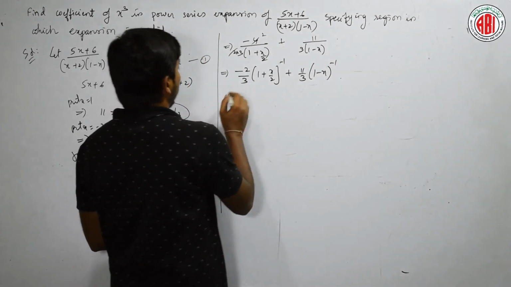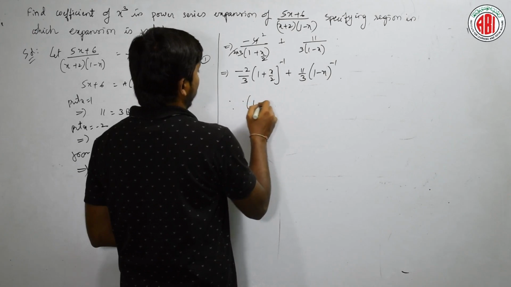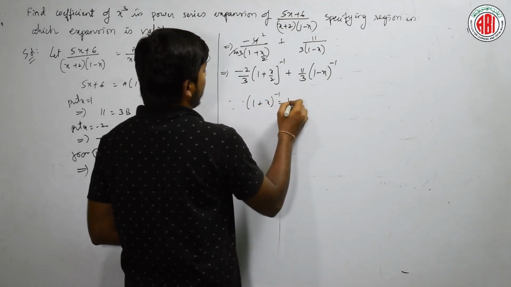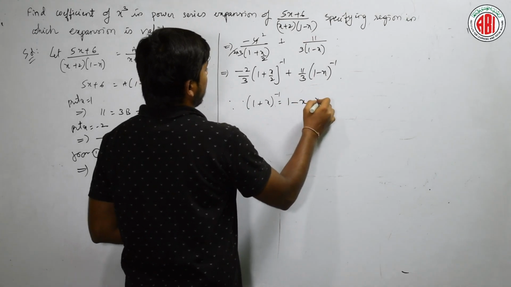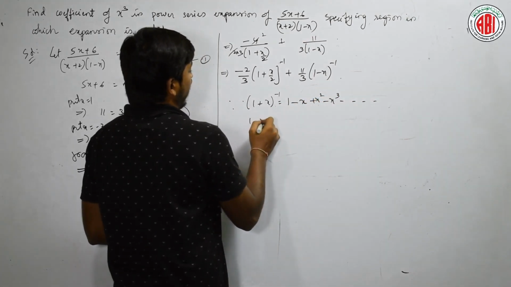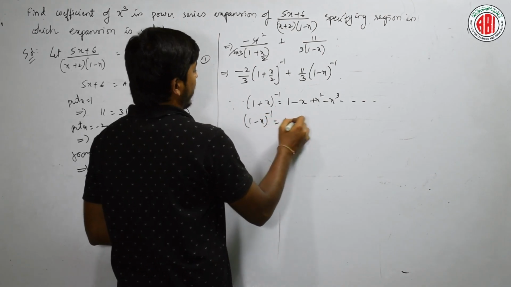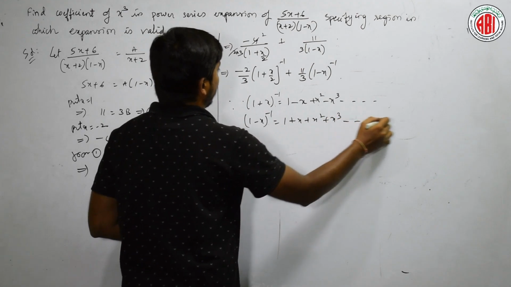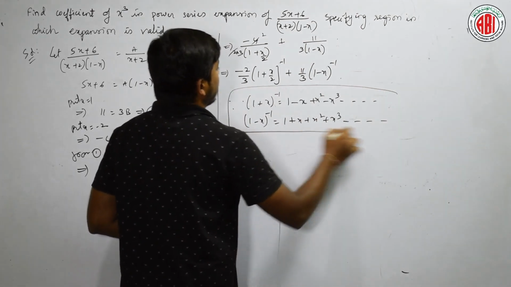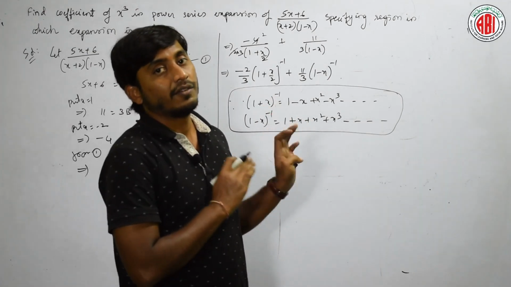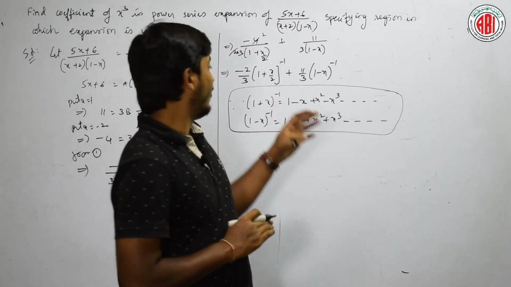The formulas which you have to learn as of now are: (1 plus x) whole power minus 1 is 1 minus x plus x square minus x cube and so on, and (1 minus x) whole power minus 1 is 1 plus x plus x square plus x cube and so on. These are the two formulas which we have to remember for this sum. Why do we get this?